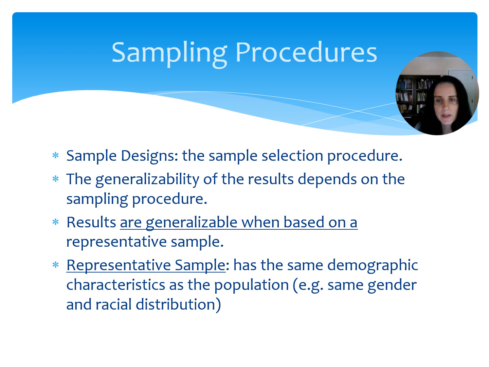A representative sample is a subgroup from the population that has the same demographic characteristics as the population of interest. For instance, in our example, we would have to make sure that we select the same proportion of males and females as in the entire population of graduate students, and that the percentage of individuals from every racial group is the same as the population percentage.